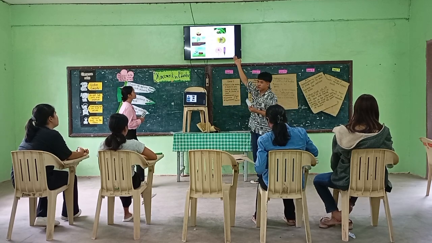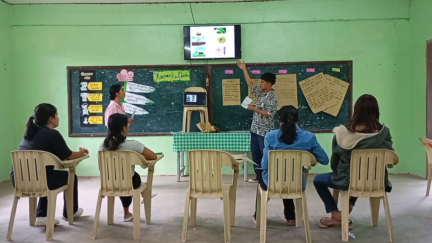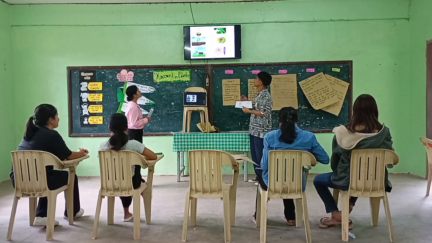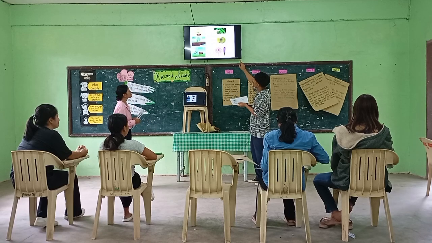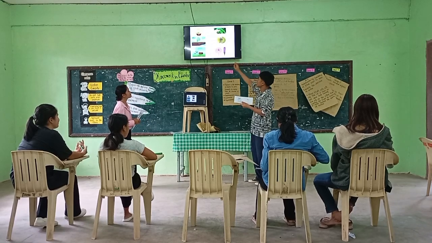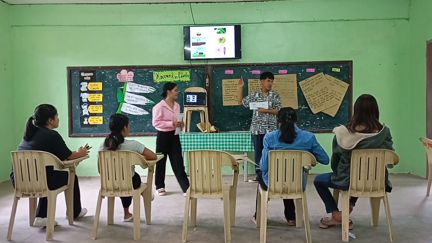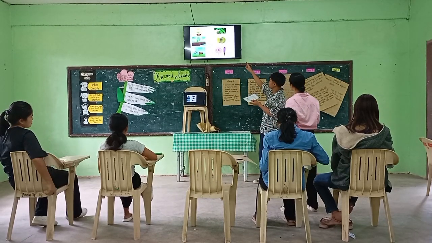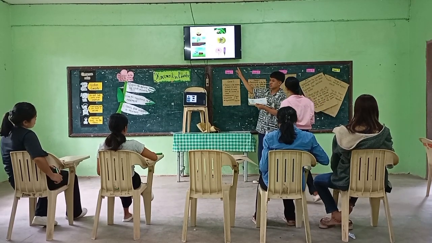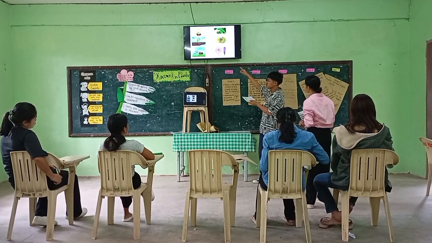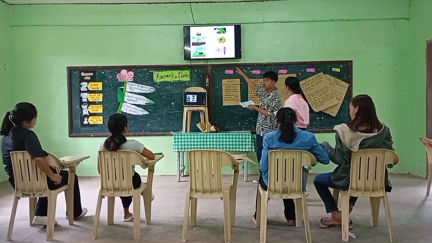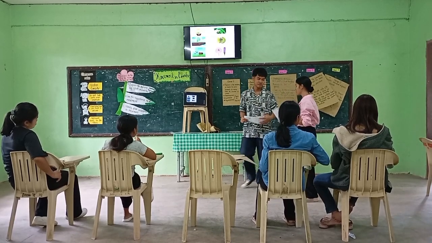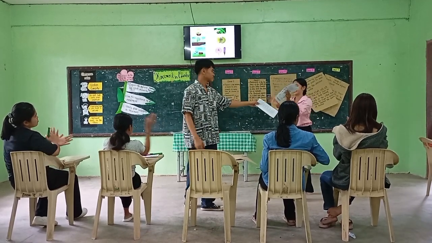In the fourth picture, it shows elastic movement and its stimulus is touch. Then the fifth picture is the Venus flytrap and its stimulus is touch. And the sixth picture is a flower and its stimulus is light. Yes, very good. A round of applause.